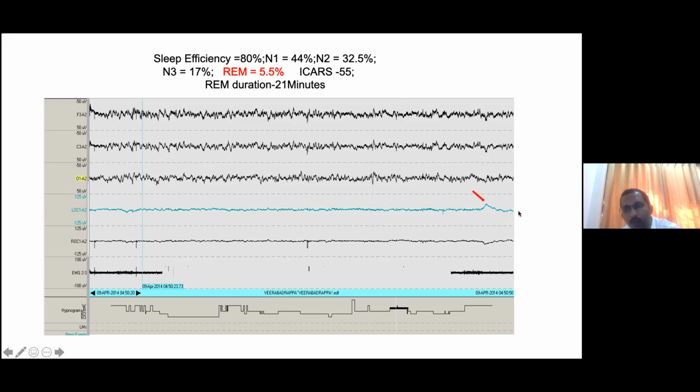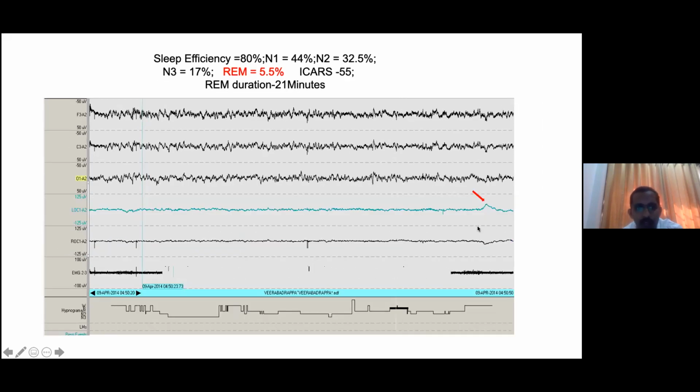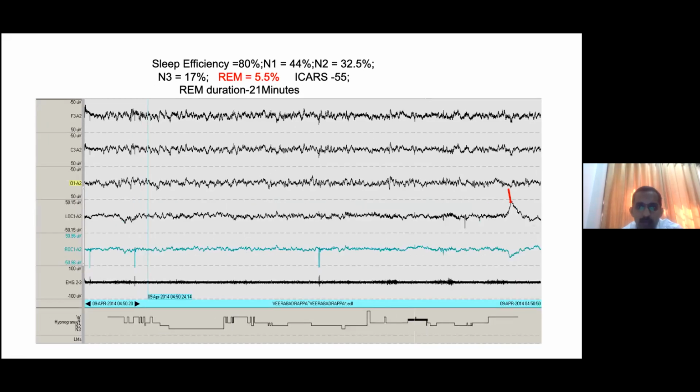If you miss this, you will be scoring REM sleep as zero in these patients. If I reduce the sensitivity to 50 microvolts, it appears a little bigger. Usually you have to use 125 microvolt sensitivity when scoring rapid EOGs.